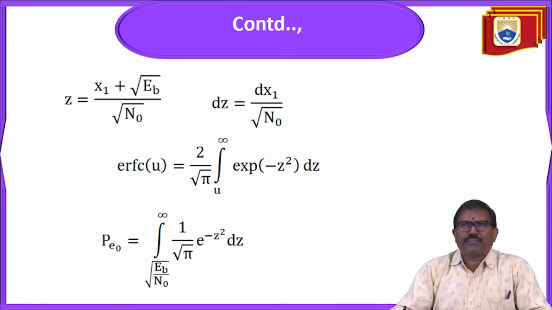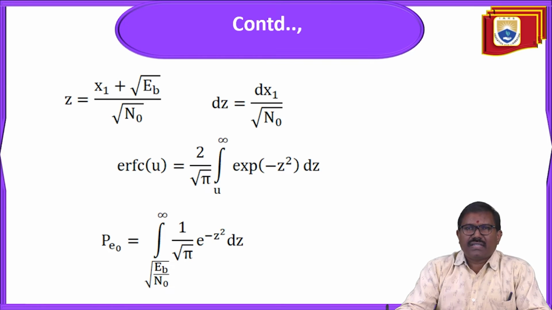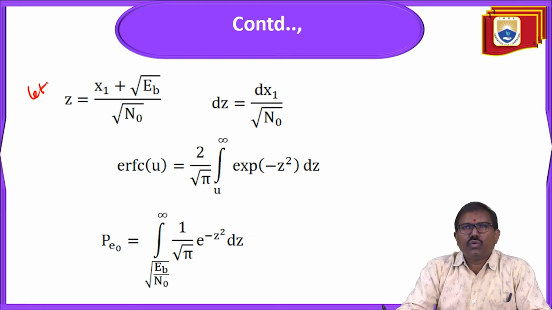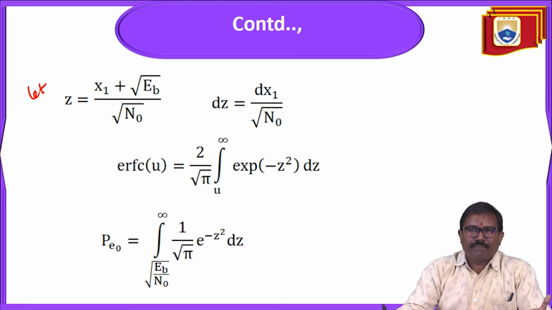Now for simplification, let z equal to (x1 plus root Eb) divided by root N naught, since here I am going to find this probability of error.